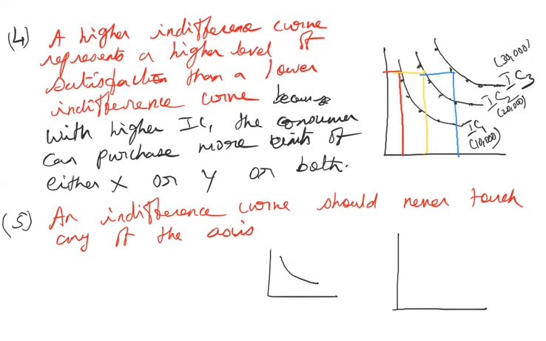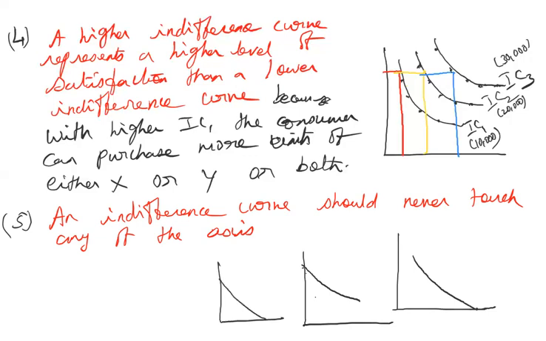So let's see why it should never touch. Suppose it touches either the x-axis or the y-axis. If the indifference curve lies like this, or like this, or the indifference curve can be like this. So if it touches both the x and y axes, at this point the x commodity is 0, and at this point the y commodity is 0.